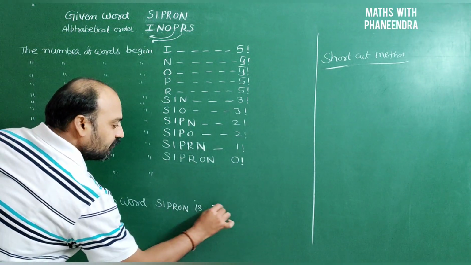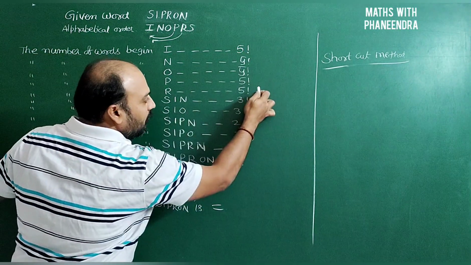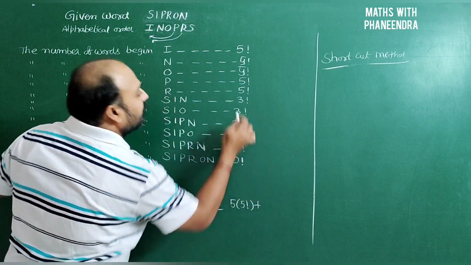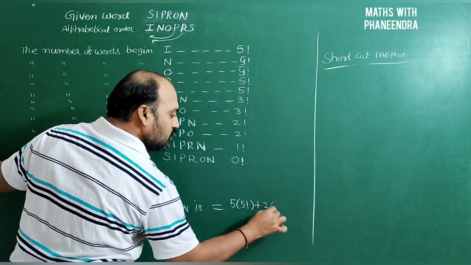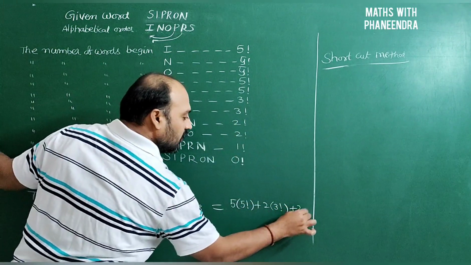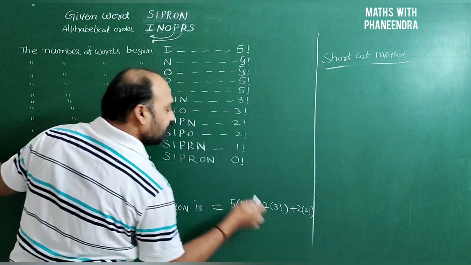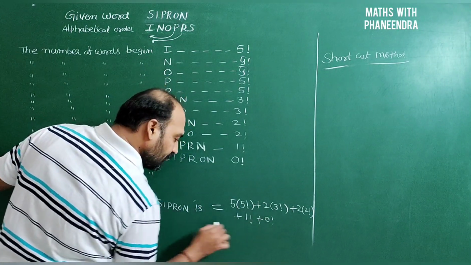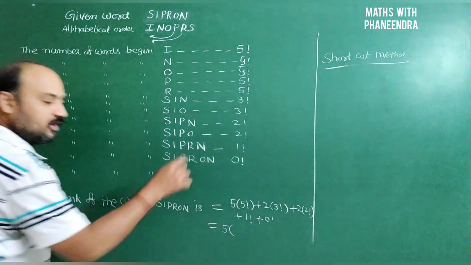is, so 5 factorial, how many are there? 5 into 5 factorial plus 3 factorial, 2 is there, 2 into 3 factorial plus 2 into 2 factorial plus 1 factorial plus 0 factorial. So 5 into 5 factorial means what?